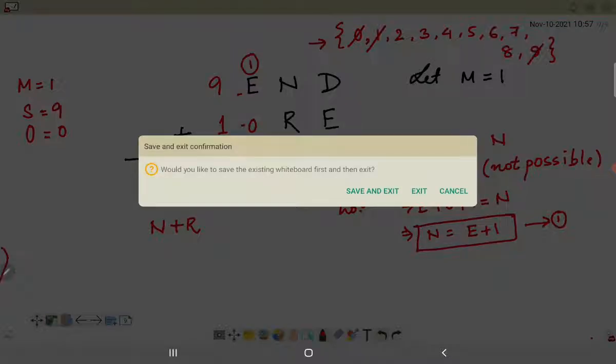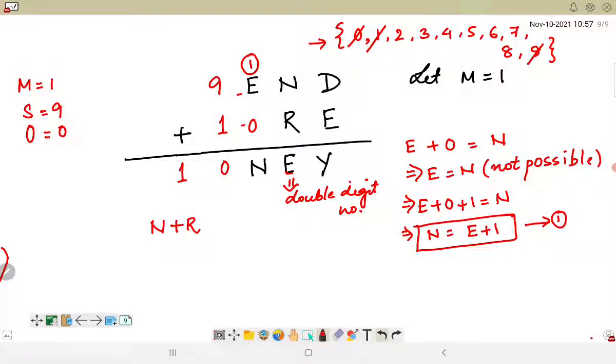Why? Because it is generating a carry of 1 here, isn't it? So e has to be a double digit number. So in order to have a double digit number, e should be added with 10, because 10 is the least possible double digit number, right? So the e value has to be equal to e plus 10. Only then I will generate carry as 1 here, right?